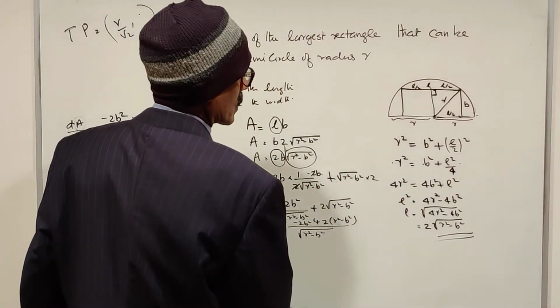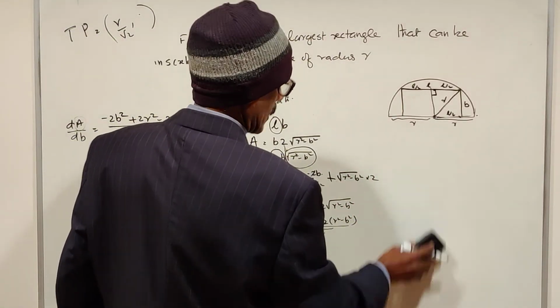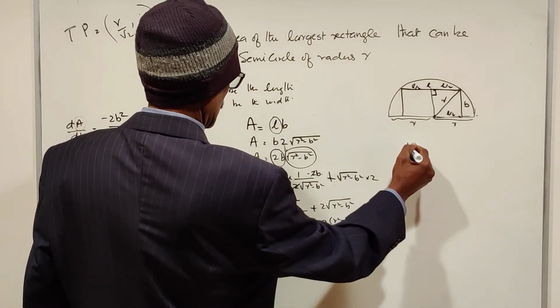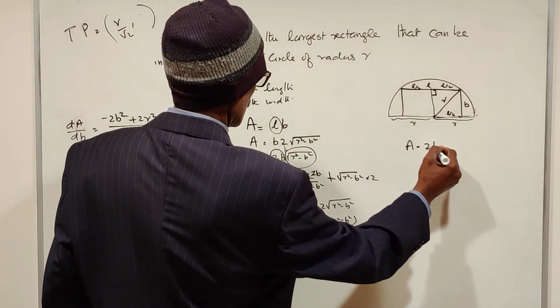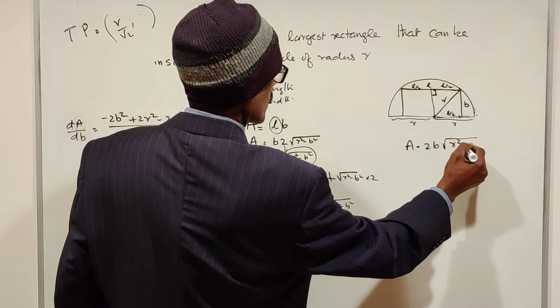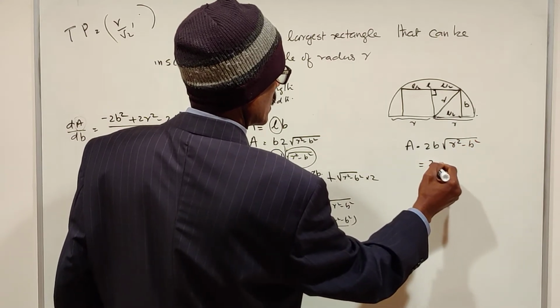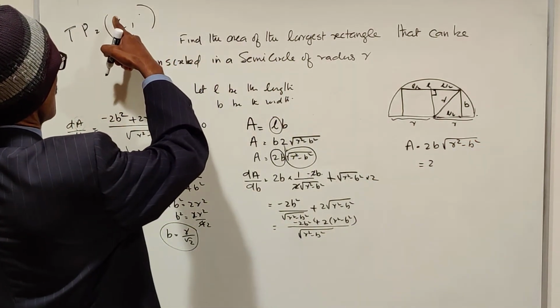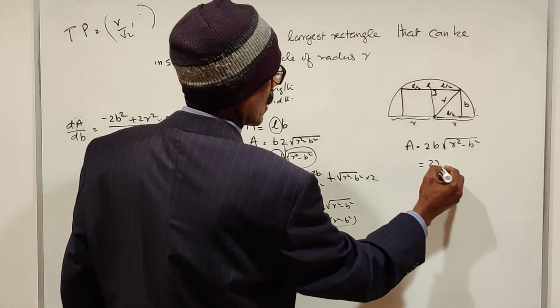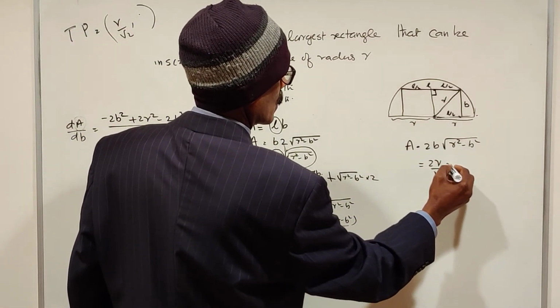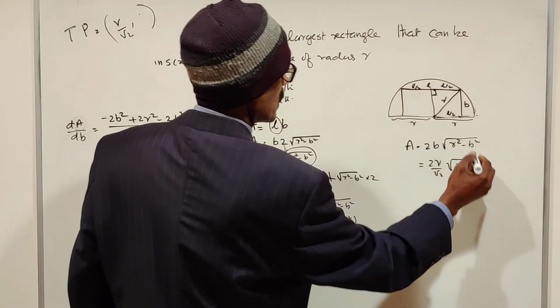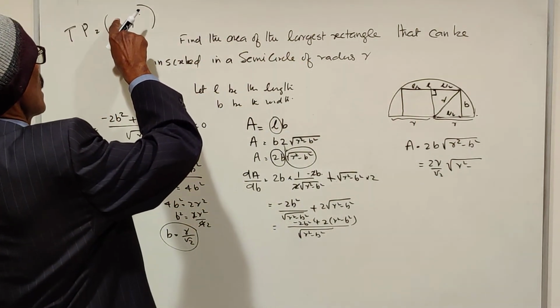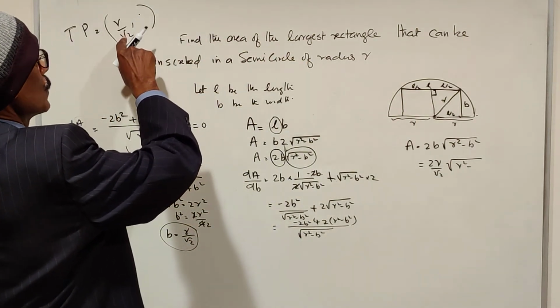I am going to erase this one. a is equal to 2b into square root of r square minus b square. 2b, what is b? b is r by root 2. r by root 2 into square root of r square minus b square. b square is what? b square is r square by 2.